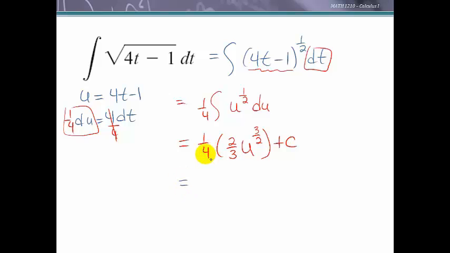This looks like 2's will reduce here, and so I have 1/6. Now I'm going to go back and write this in terms of t, and I'm also going to write this in radical form. So my u is 4t minus 1. That's going to be to the third power plus a constant. Now we could leave it like this.